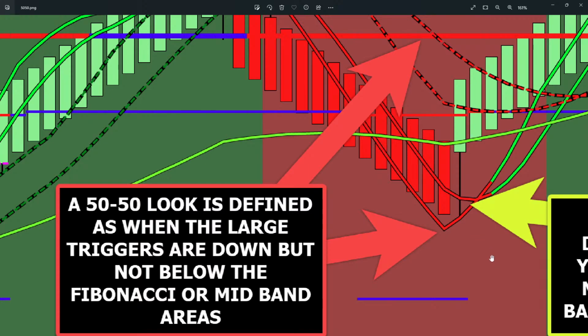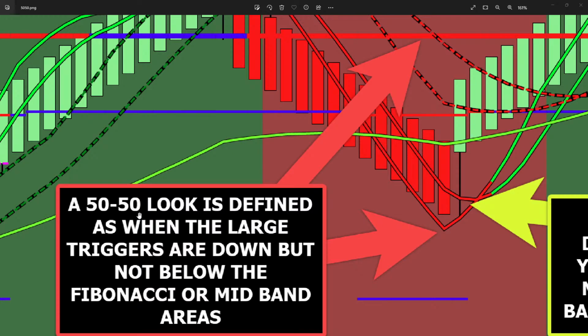So a 50-50 look is when the large triggers are still above an area and the smalls are below, for all of you guys who are new. And yes, they're all down, and yes, it's red, and yes, it looks strong, but location of our triggers above an area versus below an area matters.